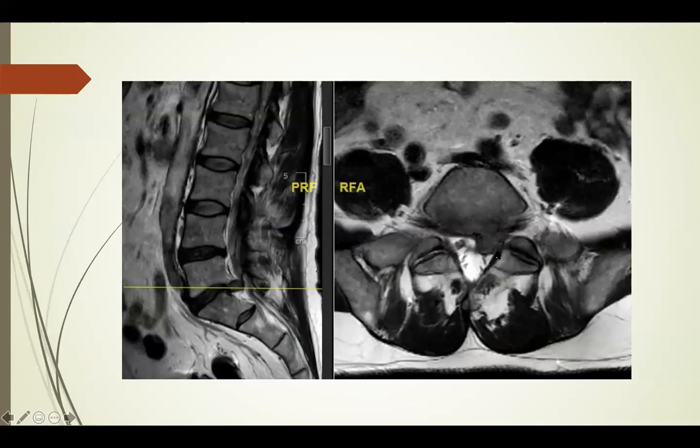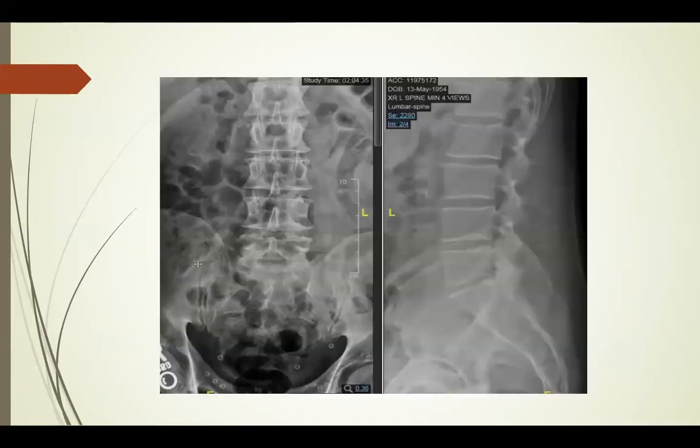What do you think, which nerve is going to be affected at this location? S1, the descending nerve root. Yep, that's correct. So this is the second case.